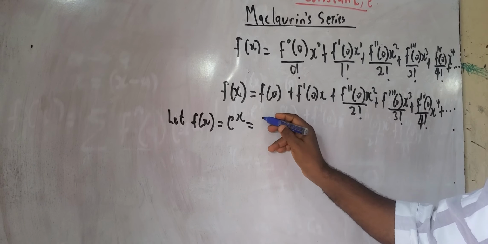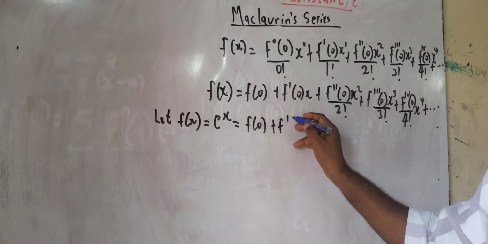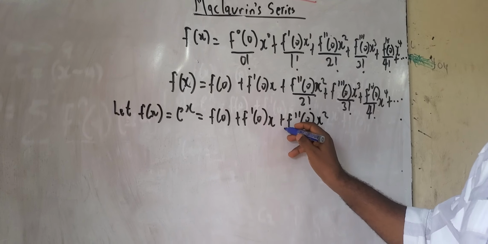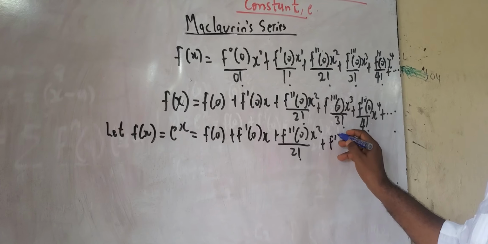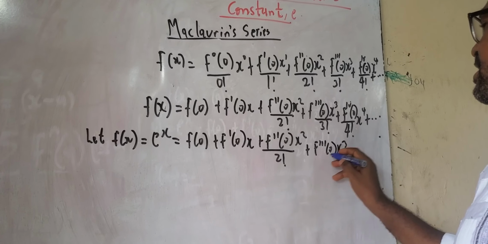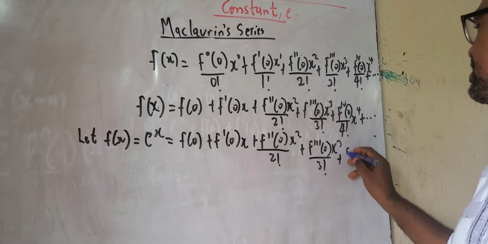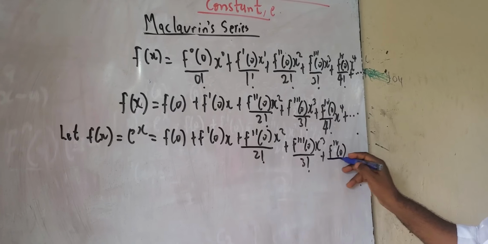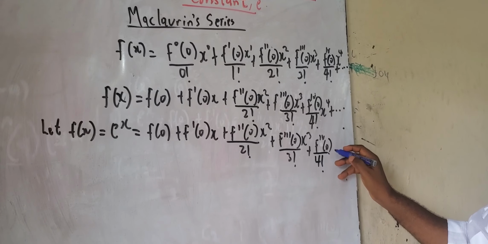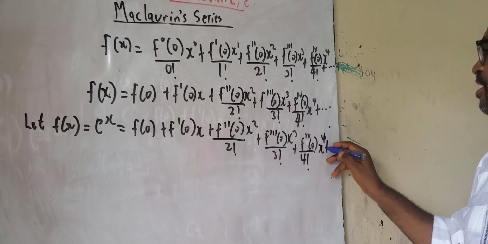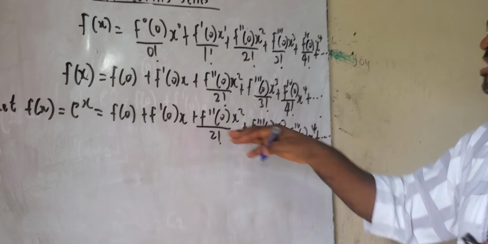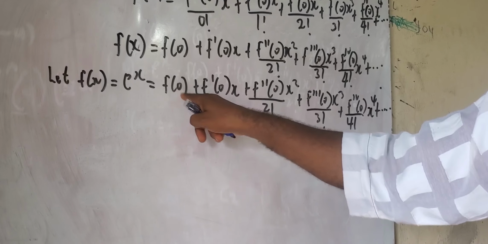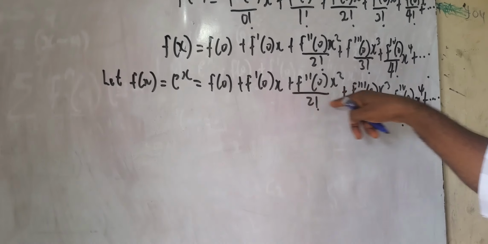Then we have f of 0 plus f prime of 0 times x plus f double prime of 0 times x raised to power 2 all over 2 factorial, plus f triple prime of 0 times x raised to power 3 all over 3 factorial, plus the fourth derivative of the function f at point 0 divided by 4 factorial, then x raised to power 4, plus dot dot dot. So this pattern continues that way. Now we need to find expressions for f of 0, f prime of 0, and so on and so forth.